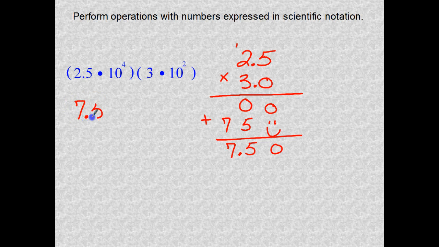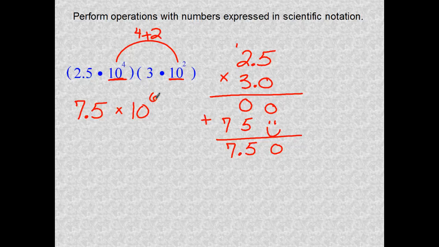And remember when we multiply common bases, our bases are 10 and 10. What can we do to those exponents? We can add those exponents up. So we have times 10 to the 6th power. Let's double check, make sure we're in scientific notation.